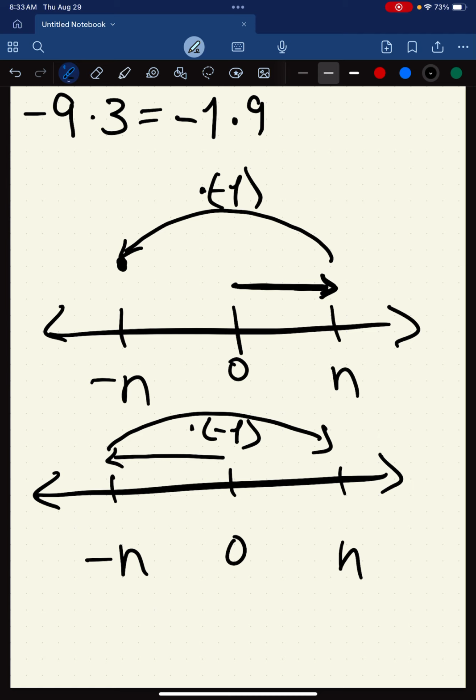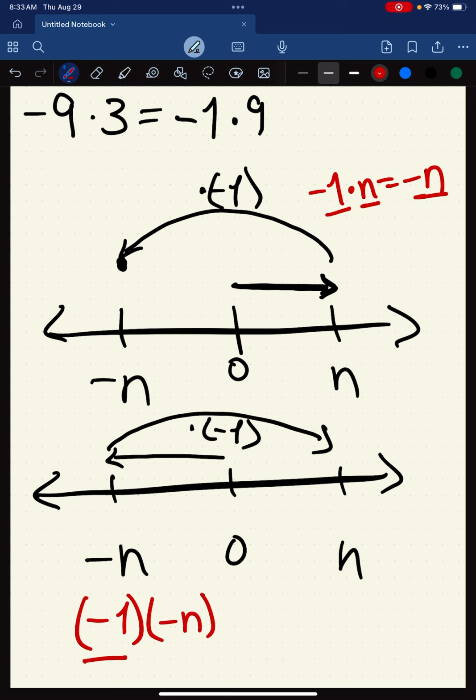We've already talked about this, believe it or not. All this top one is saying is that negative 1 times n is negative n. So the opposite of n is negative n. We've already said that. And down here, we're saying negative 1 times negative n, so the opposite of negative n is n.